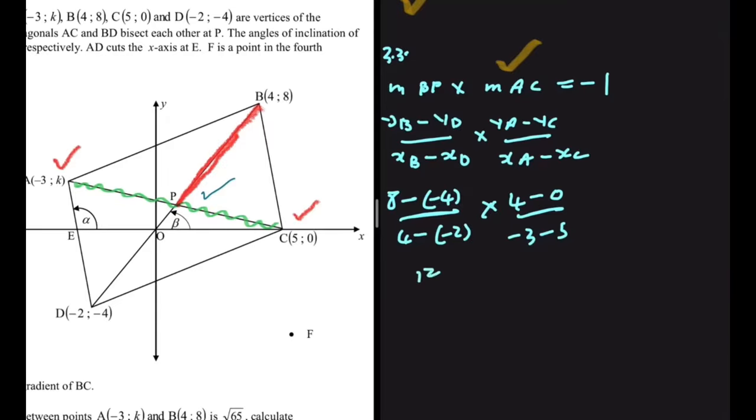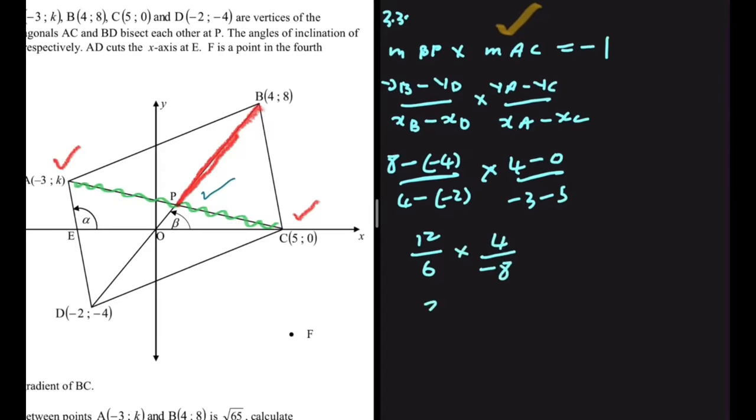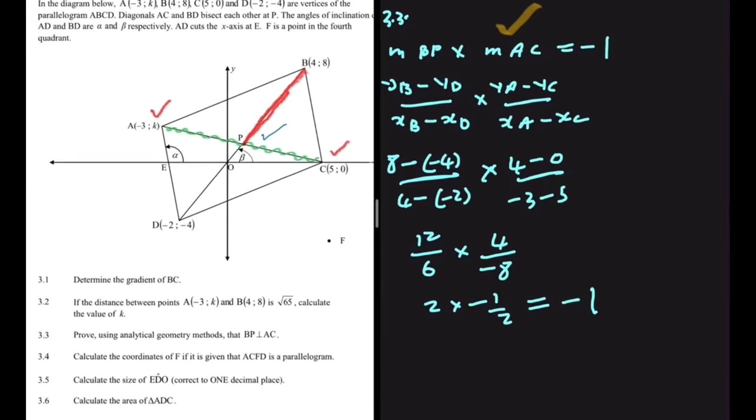That is 12 divided by 6 multiplied by 4 divided by minus 8. So we have 2 multiplied by minus a half, and this is equal to minus 1. So there we go. Those two lines are perpendicular, as the product of the gradients is equal to minus 1.